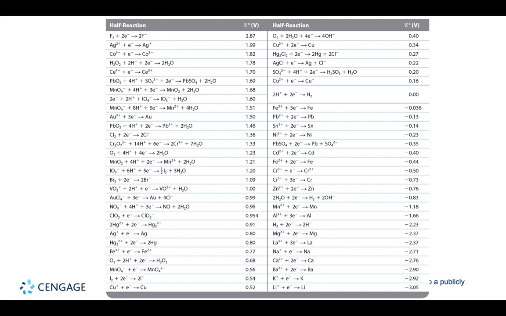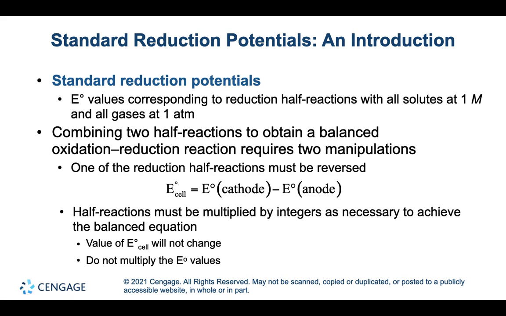To get the voltage of the battery that would be expected, if everything is in standard states and standard conditions, all the solutions are 1 molar and all the gases are 1 atmosphere and all the solids are solid pieces of metal, then you can get the voltage by simply taking the cathode, the higher number, minus the anode, the lower number. So E naught cell equals E naught cathode minus E naught anode.